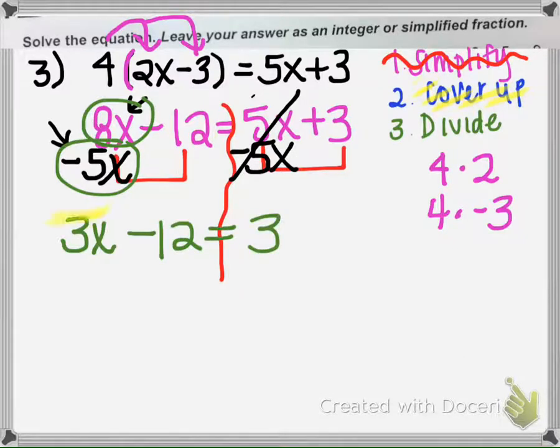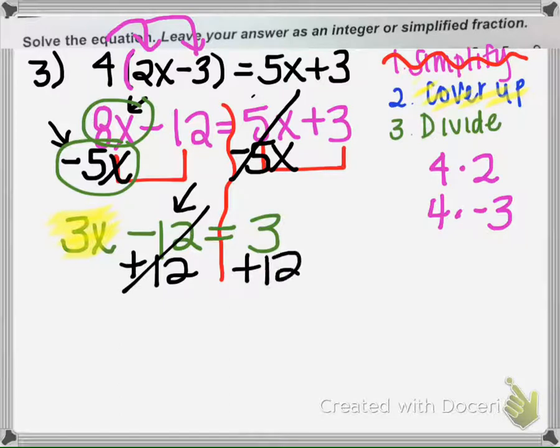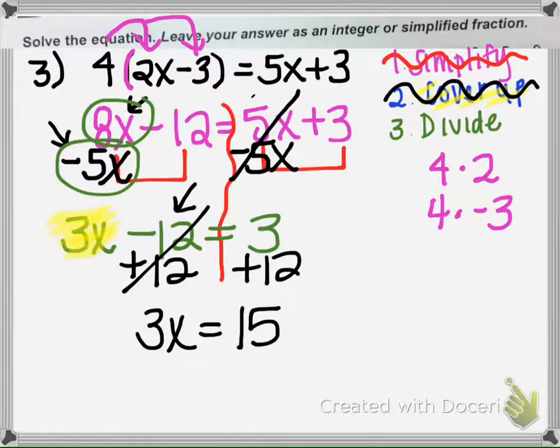Alrighty, now we have the variable all by itself. So we cover it up and we look right next to it, and whatever's next to it we need to remove. So since that's a negative 12, I need to add 12 to make it 0. Okay, now step 2 is completed.